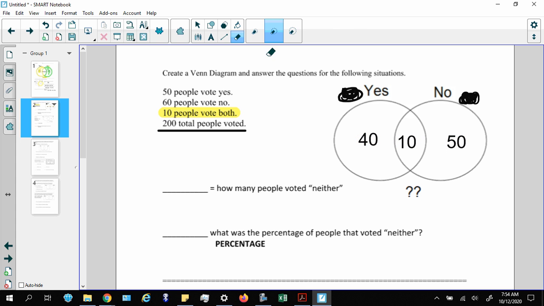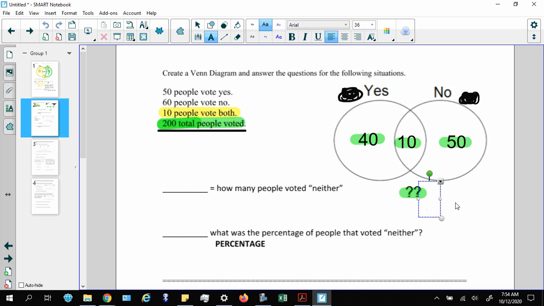Going back to what we went over, when you talk about total people, that means this number, this number, this number, and this number all add up to 200. So a simple subtraction problem will give it to you. 40 plus 10 plus 50 gives me 100. 200 minus 100, you get 100 people.